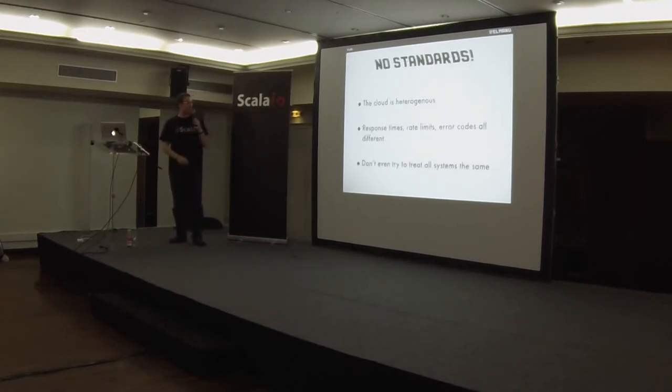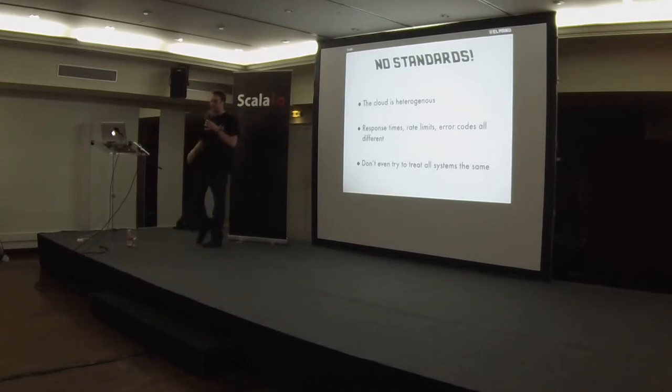That's not what happens. What happens is you're in the Wild West. Good luck. For each and every different cloud provider, they're going to have their own error codes. They're going to have their own response rates, their rate limits, et cetera. So don't even try to deal with them. You're going to discover what happens.